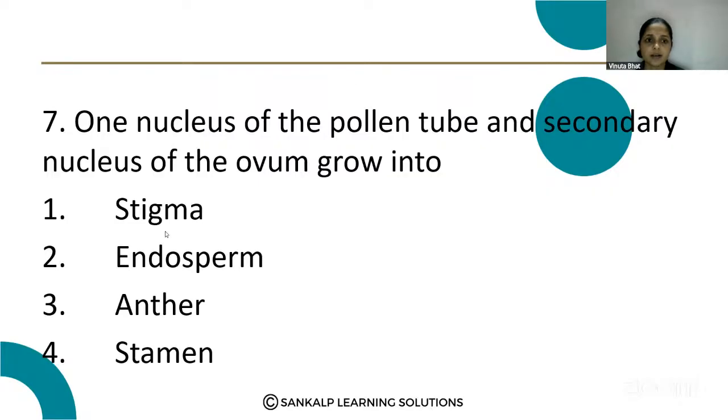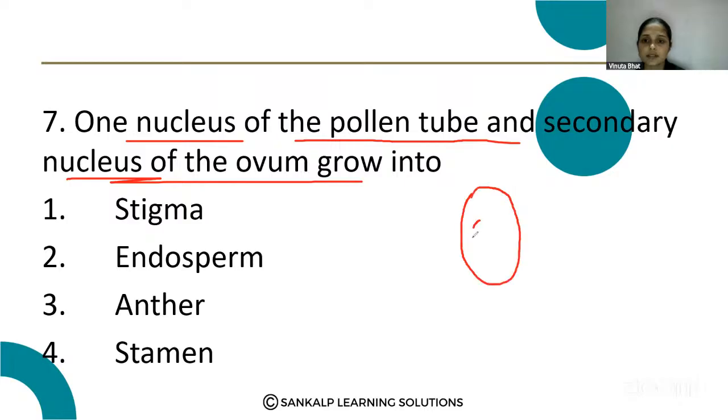Here, the generative cell produces the two gametes. So one nucleus of the pollen tube means one male gamete, and it fuses with the secondary nucleus of the ovum and forms the endosperm.